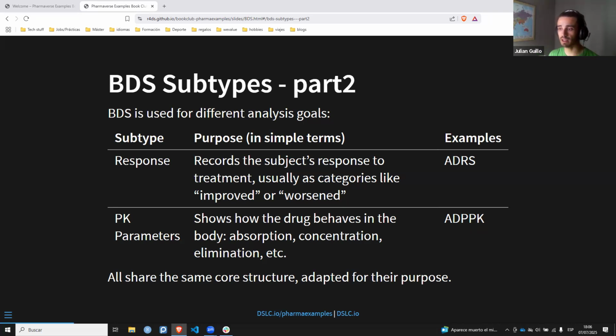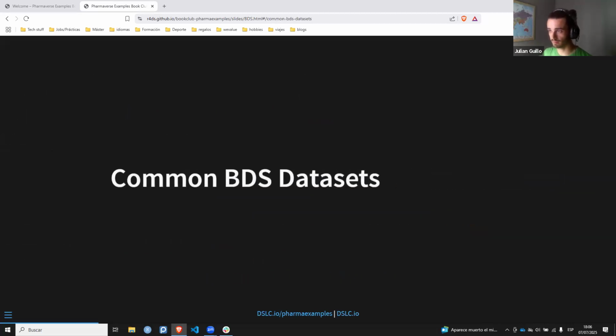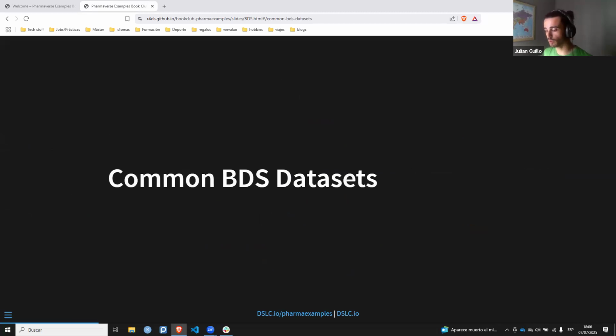All of the BDS share the same core structure, but each is adapted for its purpose and has slightly different variables inside. So I'm going to go through each of these common data sets.